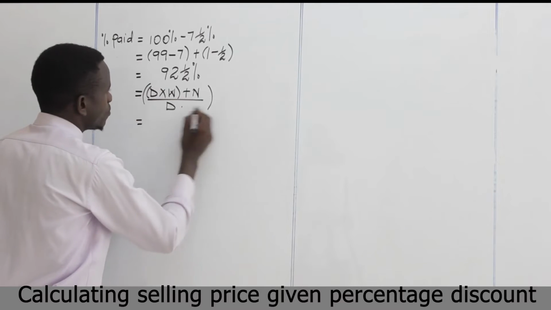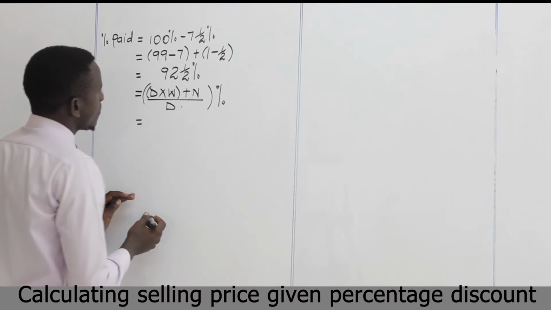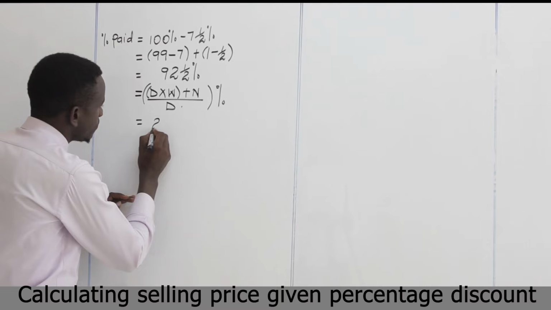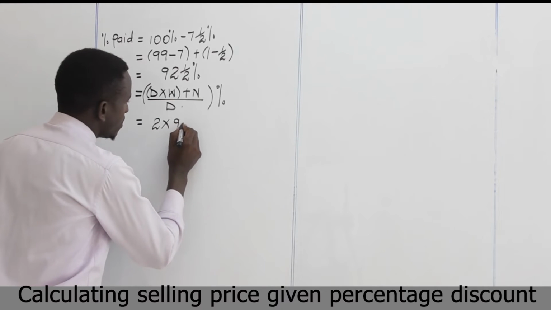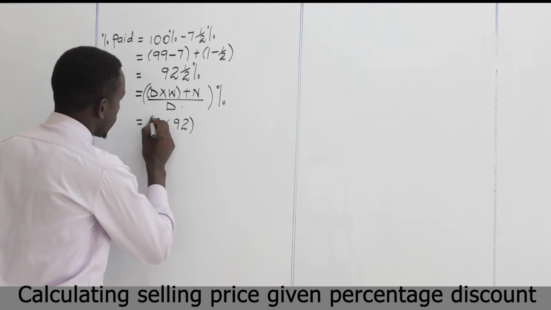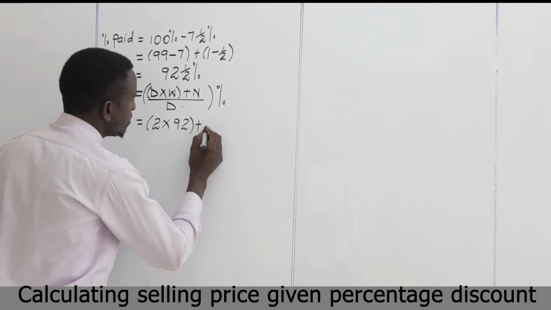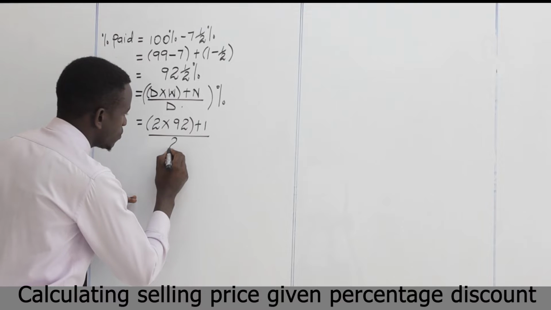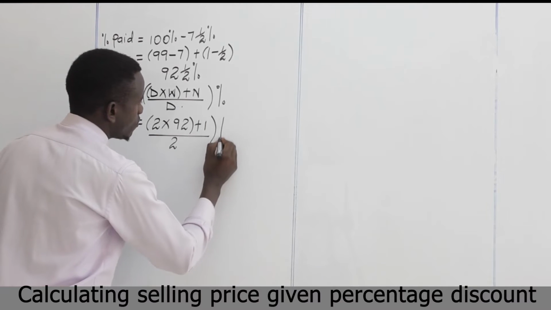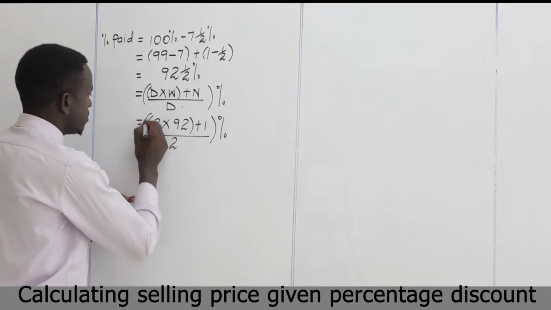All of this will be percentage. So the denominator is 2 times the whole number, which is 92, plus the numerator, which is 1, out of the denominator, which is 2. Then the whole of this is percentage.